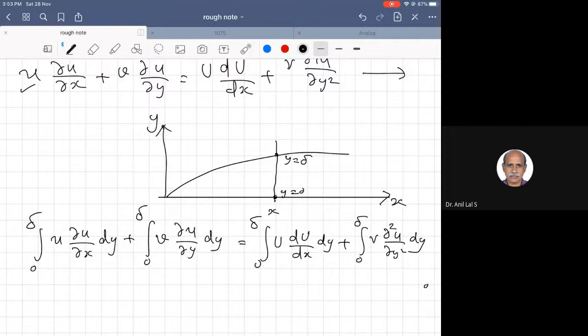So basically, the momentum integral equation is this equation.